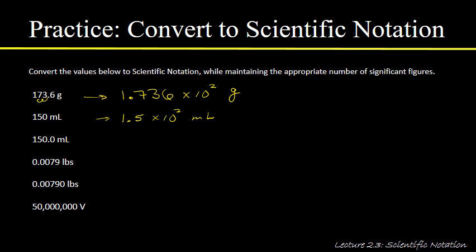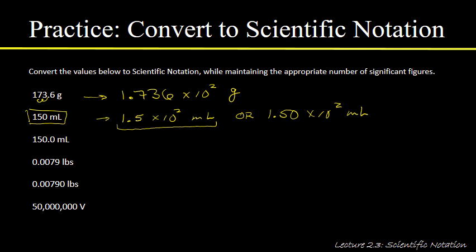And if it were 3 significant figures, then we would write it as 1.50 times 10 to the 2 milliliters. Okay, all right. But again, usually when you see a number like this, the safe thing to do is to assume the smaller number of significant figures, and that's what people are usually taught to do. So this would generally be considered the correct answer.